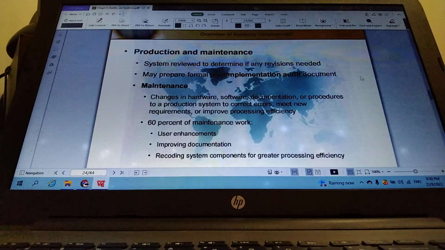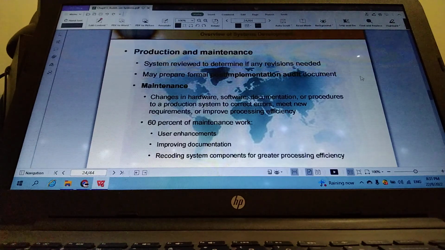When it comes to maintenance, maintenance is an ongoing thing, as all of us understand. Changes in hardware, software, documentation, or procedures to the production system, to the live system, to correct any errors, either software errors, manual errors, system errors, report errors, input data errors, display errors, any kind of errors.